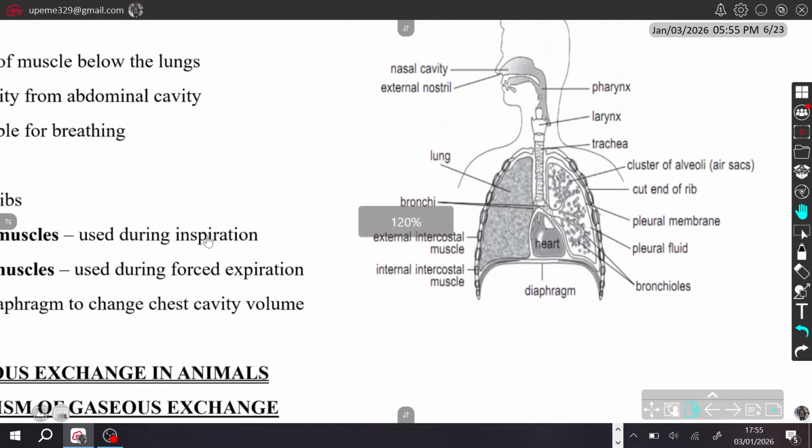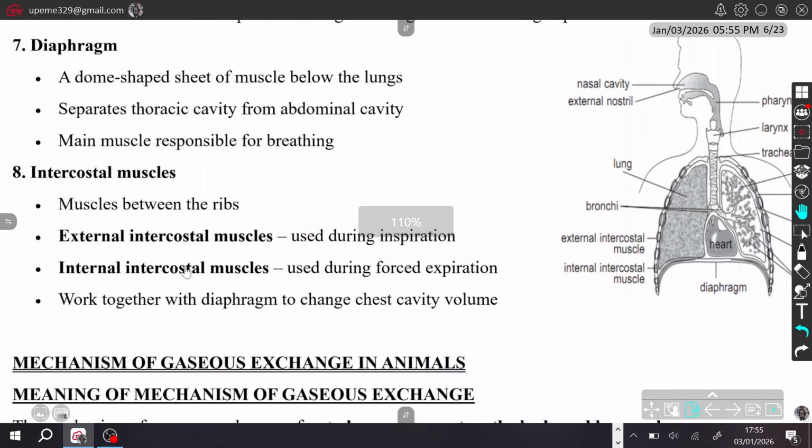So now we are saying intercostal muscles are muscles between the ribs. So we have external intercostal muscles used during inspiration, breathing in.